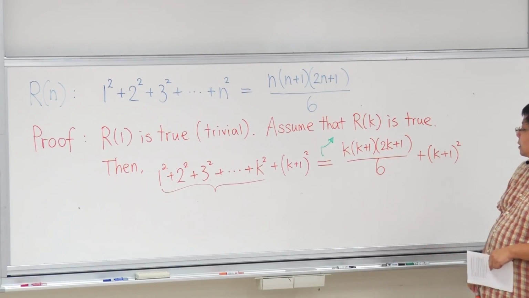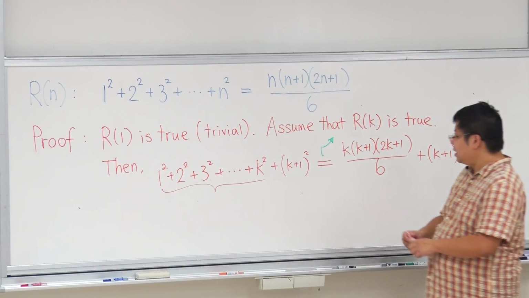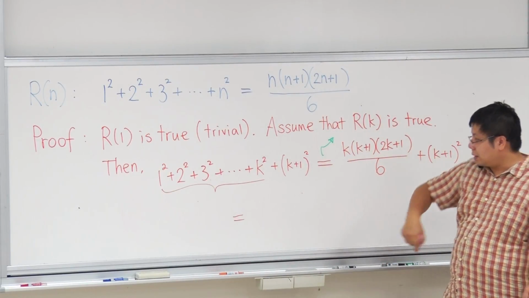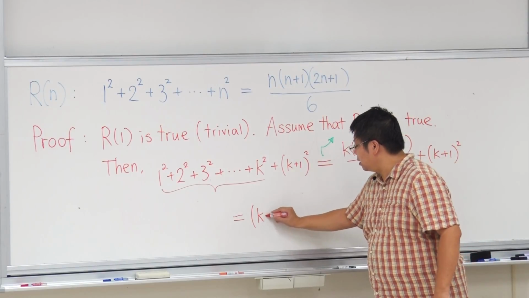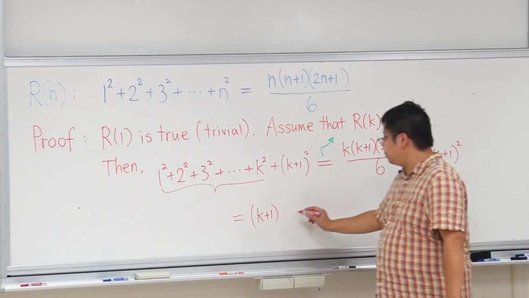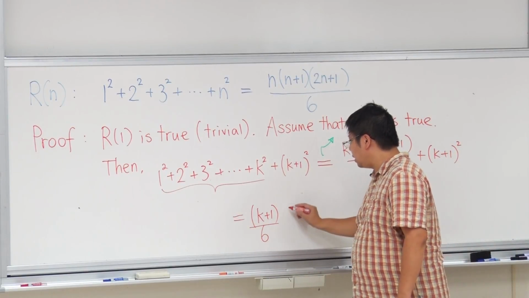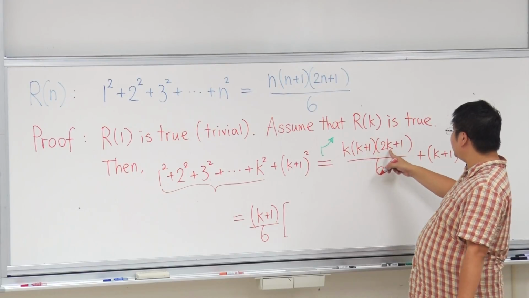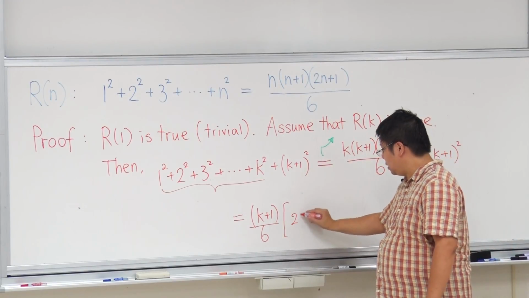And then what is next? Next is algebra. So this is equal to what? Everything has k plus 1, so you can take out k plus 1 divided by 6. And then what do we have? This one you will have 2k squared plus k.